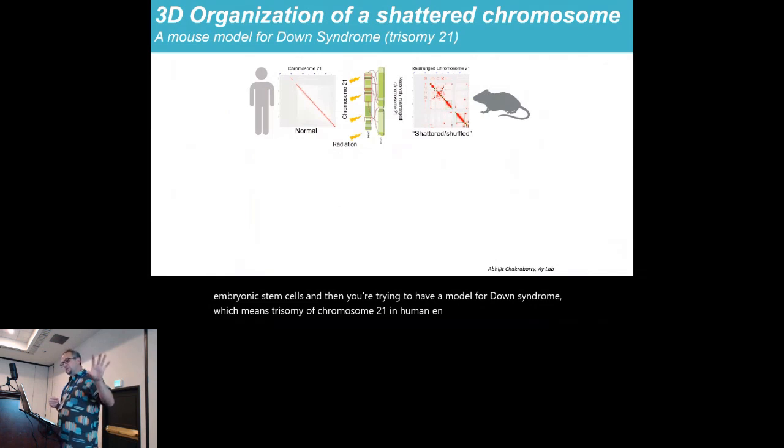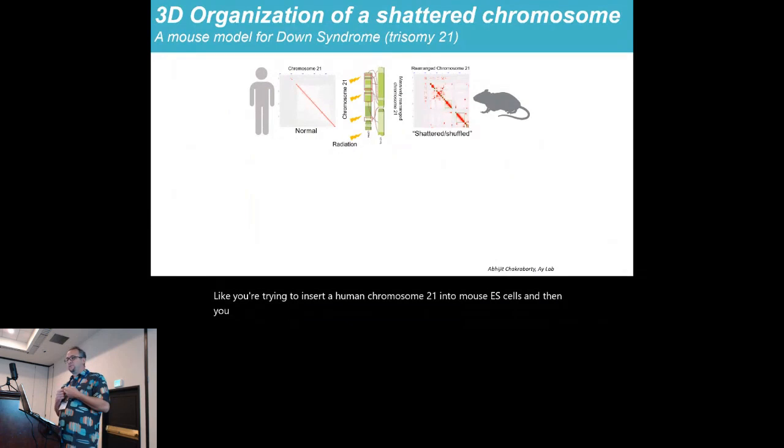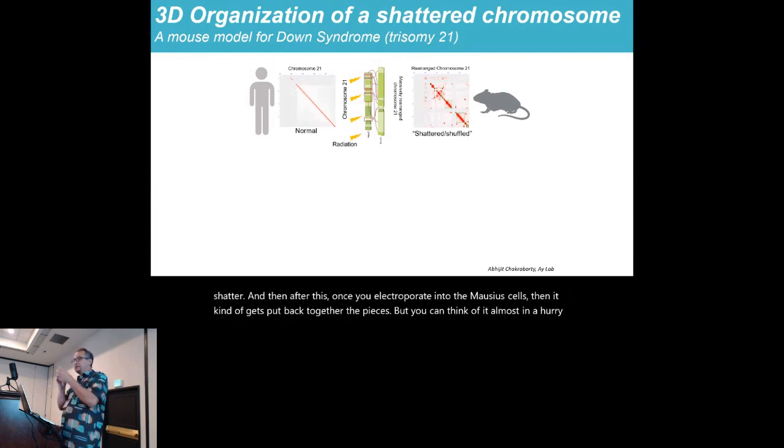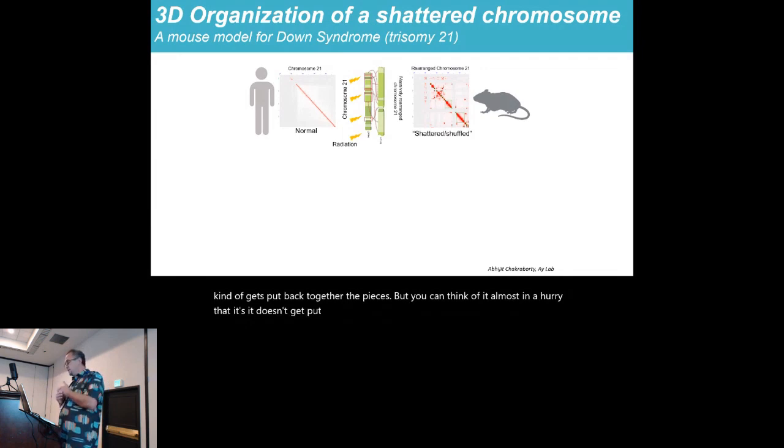So the mouse has two chromosome 19s, and now you're trying to insert a human chromosome 21 into mouse ES cells. You do that by first irradiating human chromosome 21, which makes it shatter. Then once you electroporate it into the mouse ES cells, the pieces get put back together, but almost in a hurry, so it doesn't get put together in the correct order.